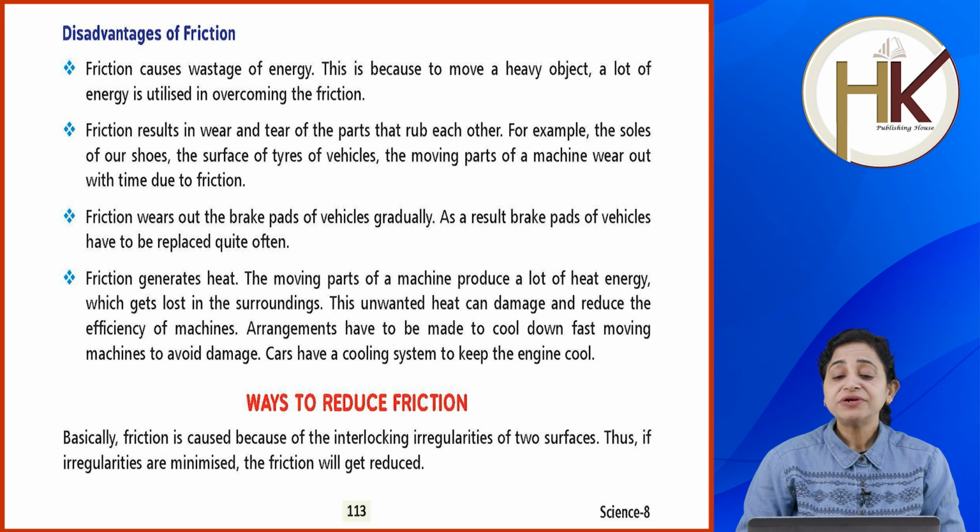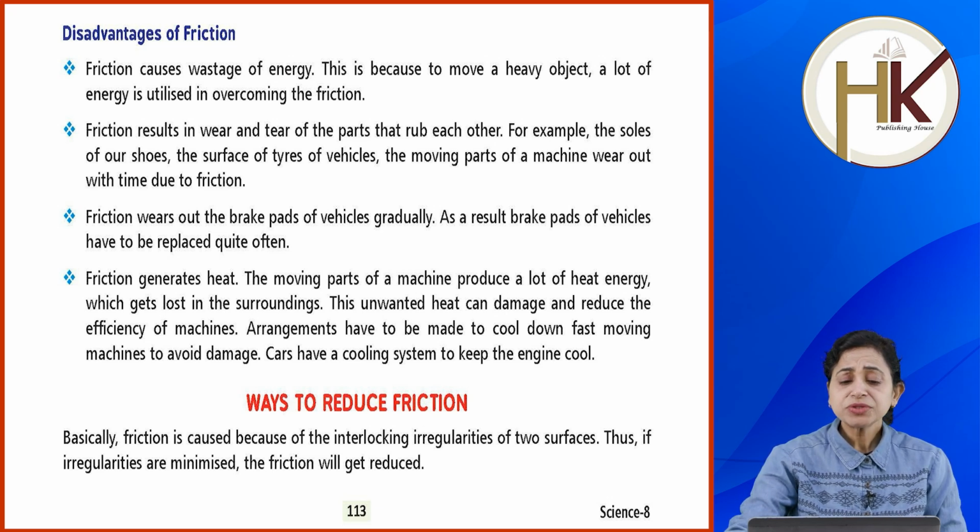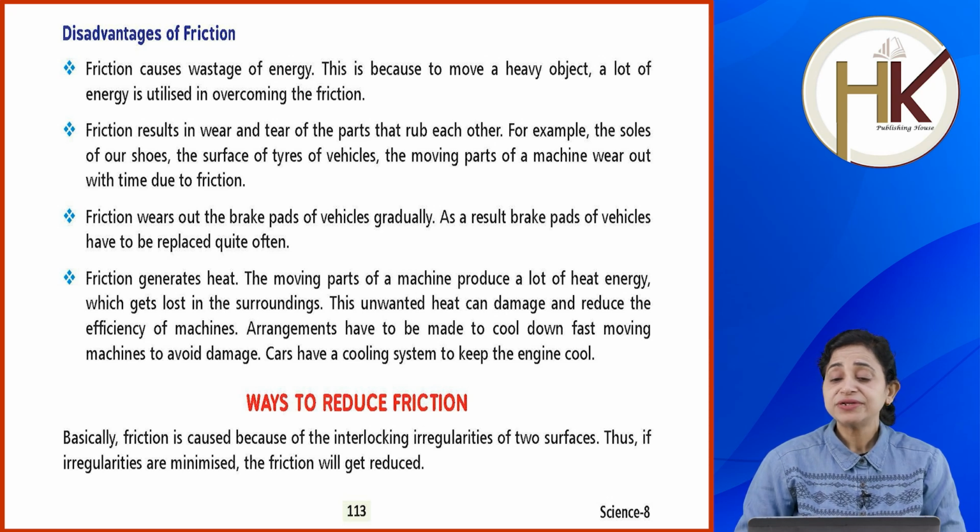Friction results in wear and tear of parts that rub each other, for example, the soles of our shoes and the surface of tires of vehicles. The moving parts of a machine wear out with time due to friction. Friction wears out the brake pads of vehicles gradually. As a result, the brake pads of vehicles have to be replaced quite often.